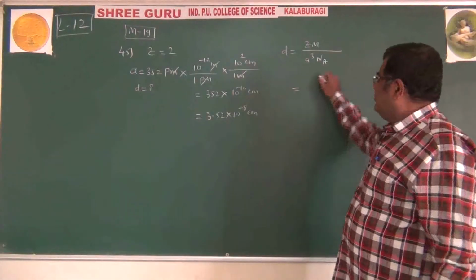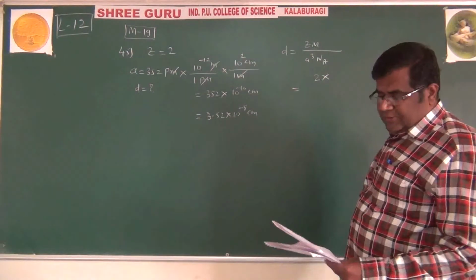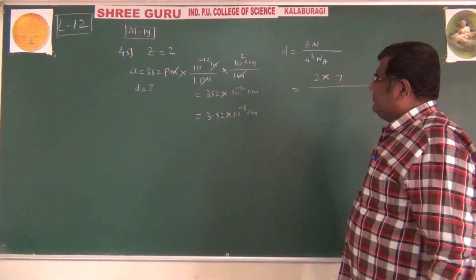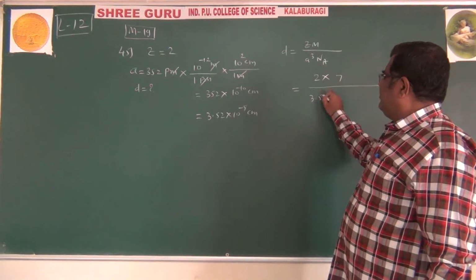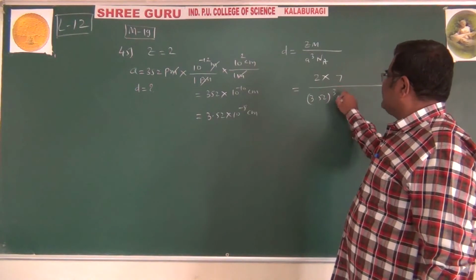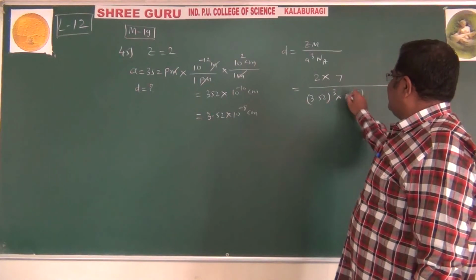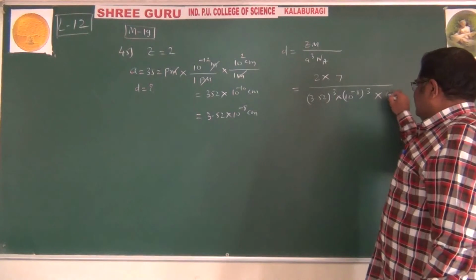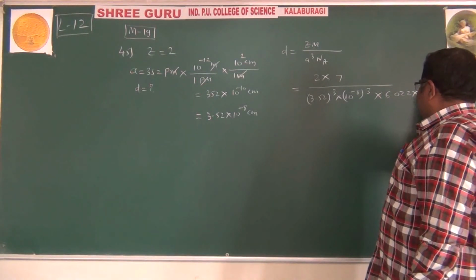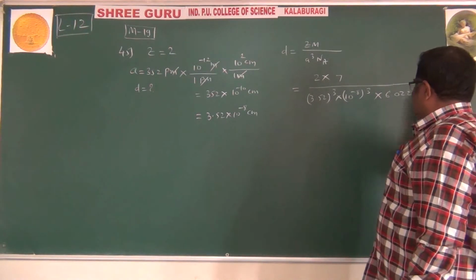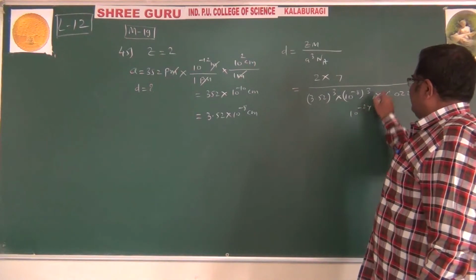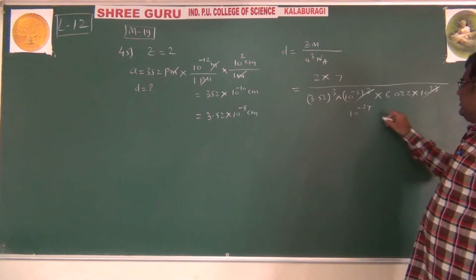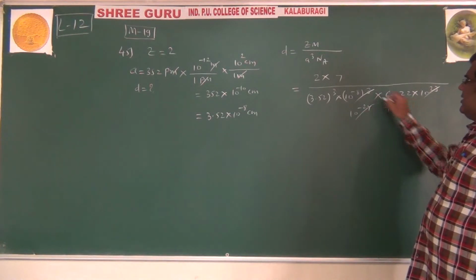Z is 2. They have given the atomic mass of lithium as 7. a cube is the cube of 3.52 into the cube of 10 to minus 8. Now Avogadro number is 6.02 into 10 to 23. This is 10 to minus 24, minus 24 plus 23, so 10 to minus 1.